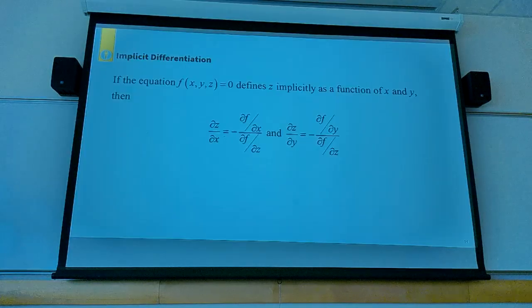If f of x, y, z equals 0 defines z implicitly as a function of x and y, then by implicit differentiation, partial z partial x is negative partial f partial x over partial f partial z. And then partial z partial y is negative partial f partial y over partial f partial z.